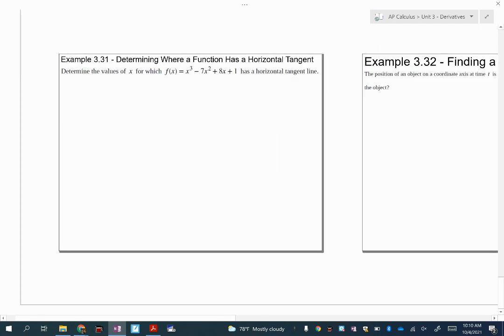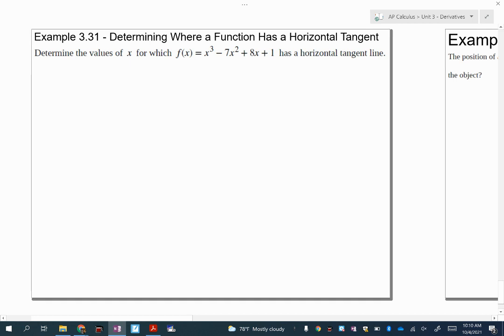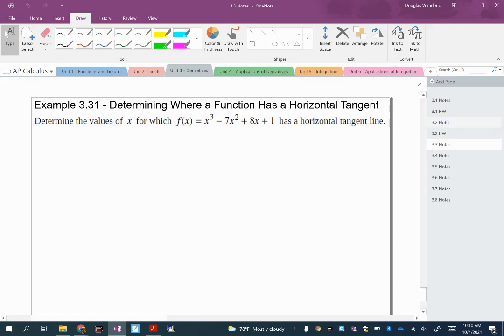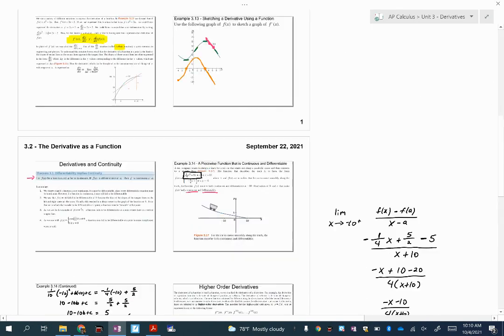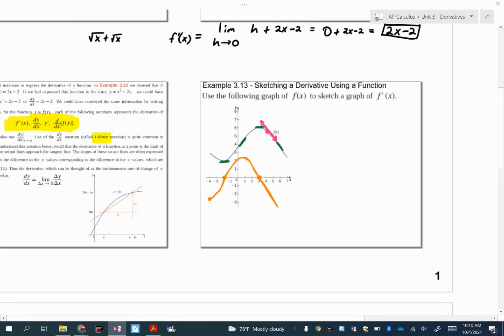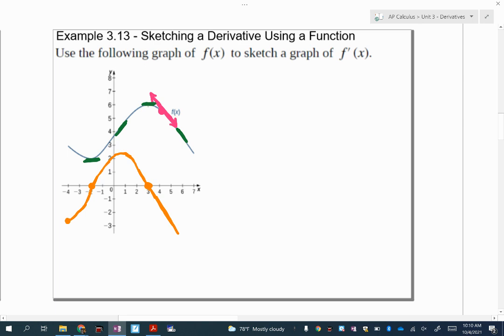We're almost done. Now, determining where a function has a horizontal tangent line. I'll refer to this in class, but if you go back to your notes from the last lesson, when we did some graphing right here, we sketched the graph of the derivative of the original function.